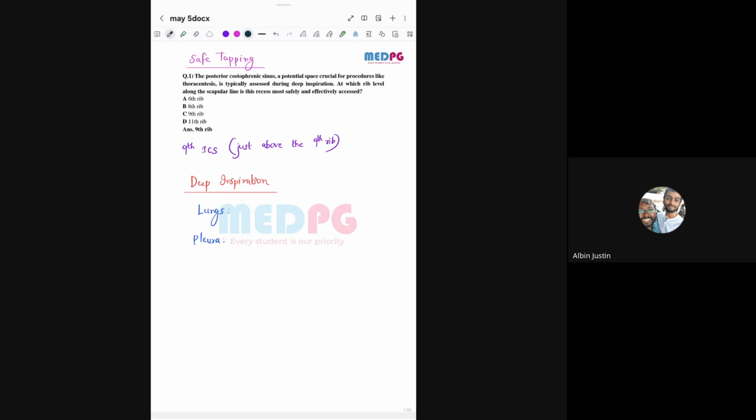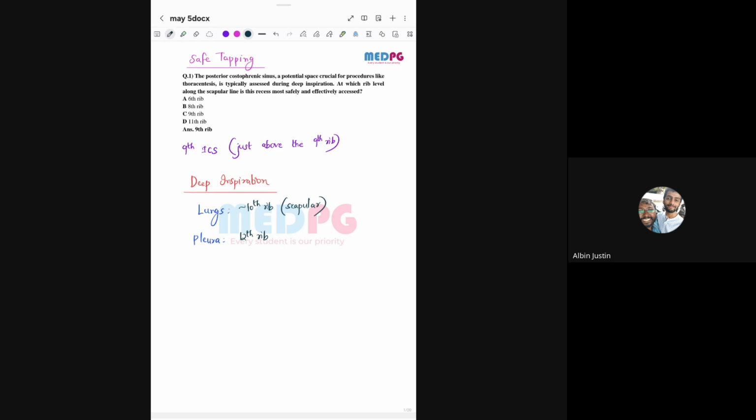So the lungs are approximately at the 10th rib in the scapular line, whereas the pleura is approximately at the 12th rib in deep inspiration. So in deep inspiration, lung is at the 10th rib, whereas the pleura is at the 12th rib.